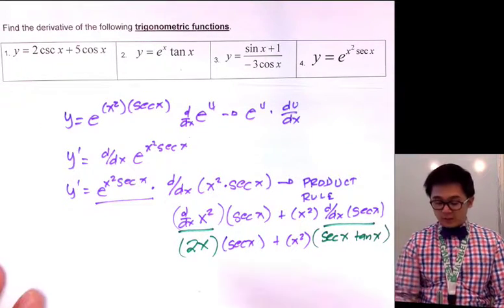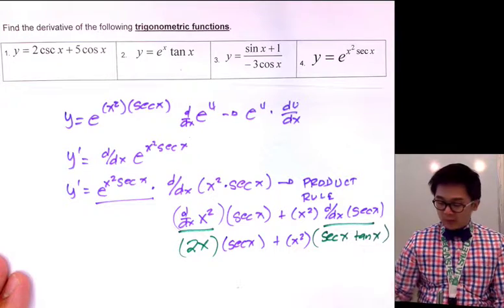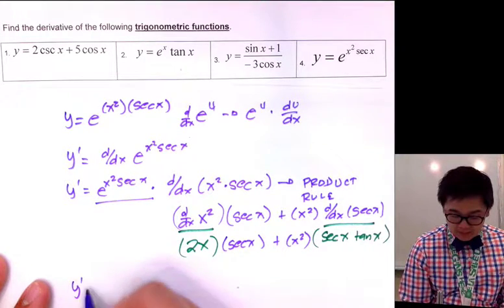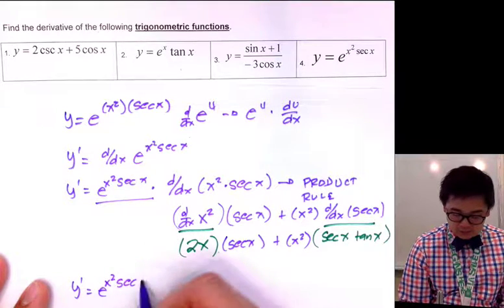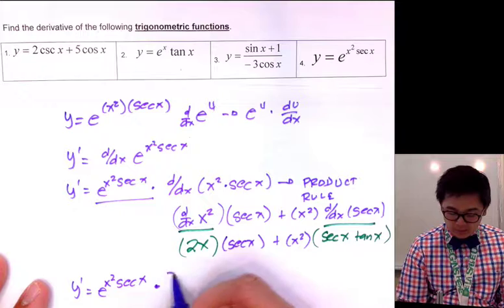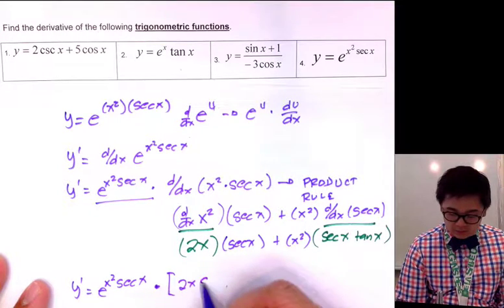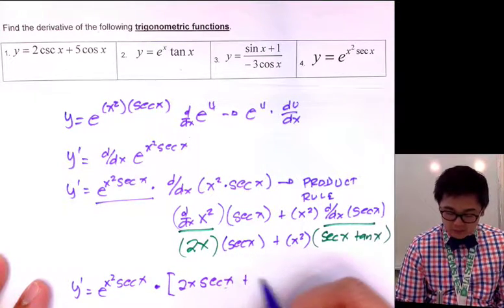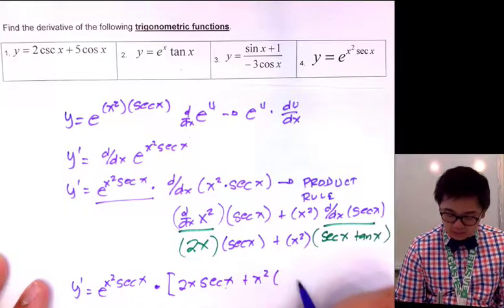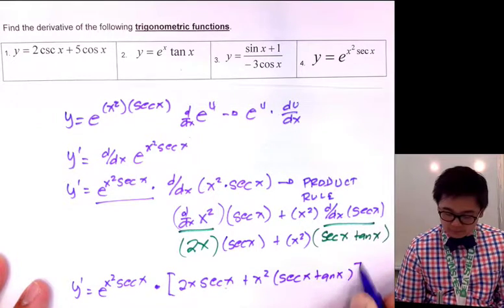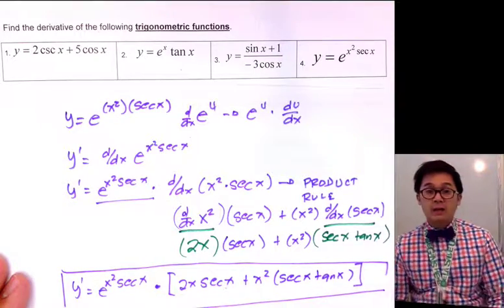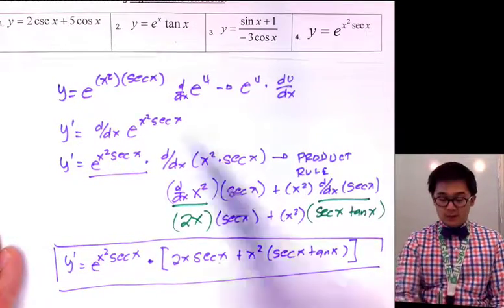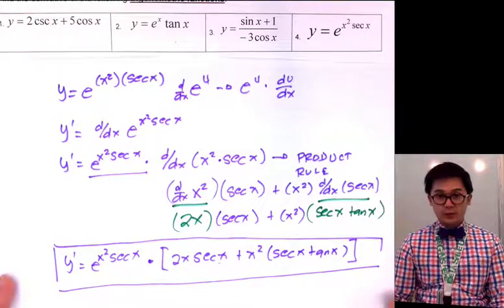So now that we have found the derivative of this function, we can write our y prime as e to the x squared secant x multiplied by 2x secant x plus x squared times secant x tangent x. So this is now the derivative of our last problem using the derivative rule for e to the u, du dx.